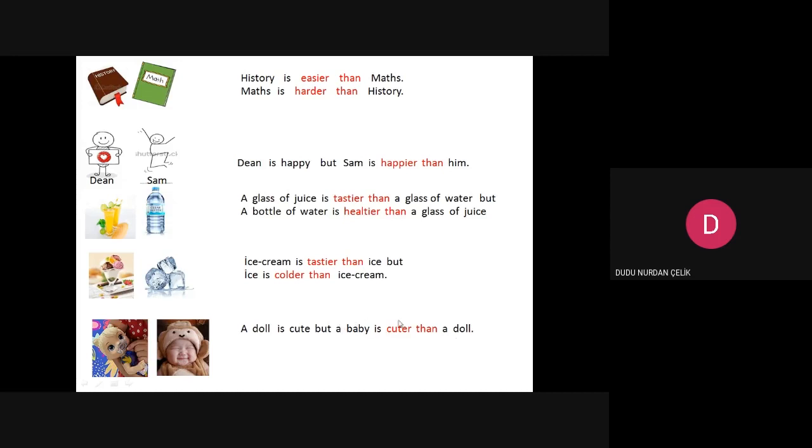We compare baby with a doll and we say baby is cuter than the doll. Or we can just say a baby is cuter. But if we want to say what we compare with, then we say than a doll. We use than.